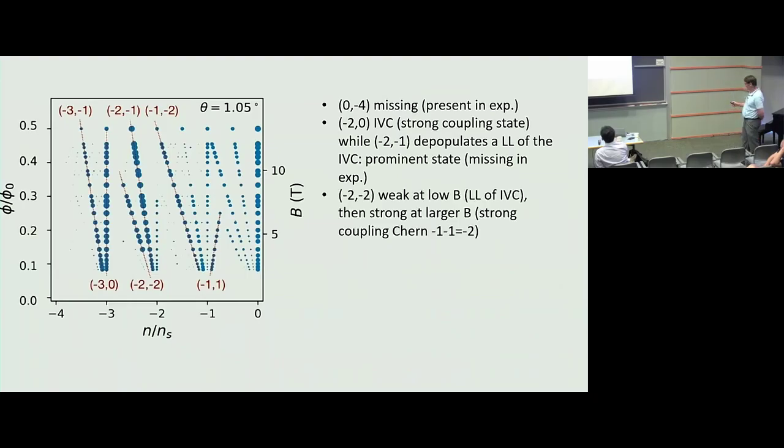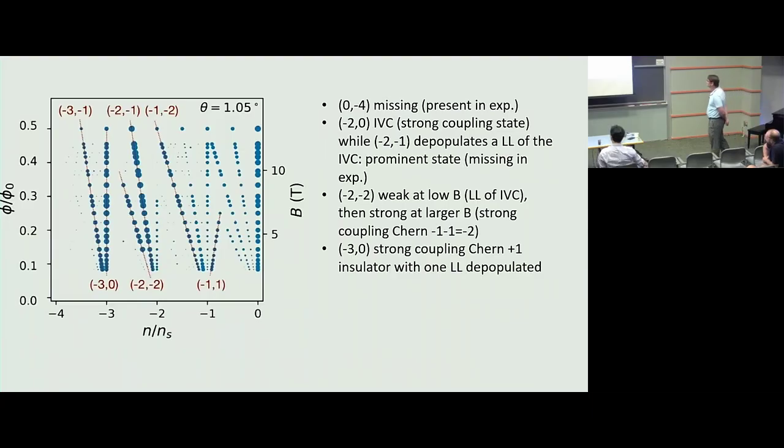At -2, at low magnetic field, this is actually quite weak, and only above a threshold field do we see it as a strong insulator. It is weak at low field because it's essentially population of Landau levels of the IVC, and then as the field gets stronger, it turns into a Chern state. The -3,0 is still a strong coupling Chern +1 insulator, but with one Landau level depopulated.